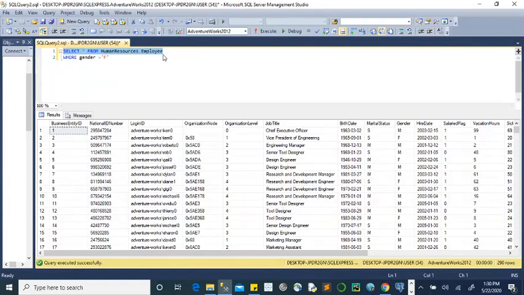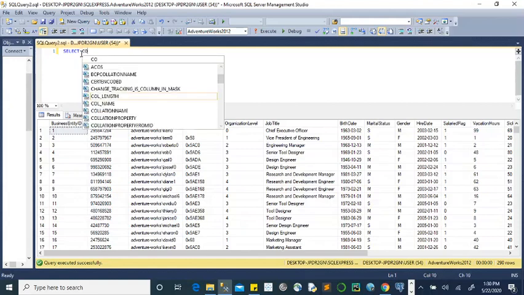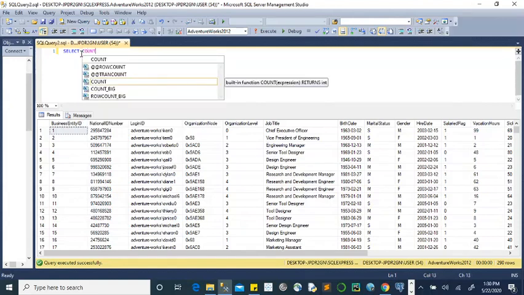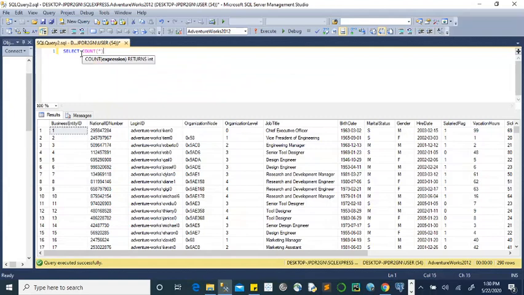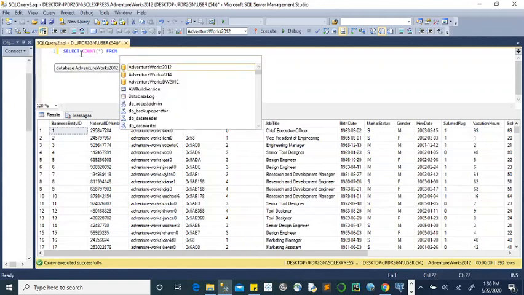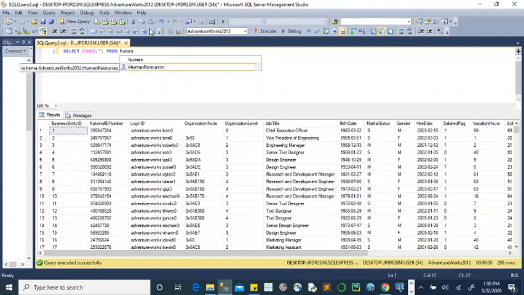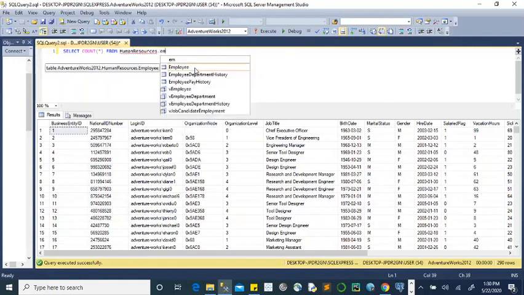And I can also do something like, I want to count the number of employees. Give me the figure of the number of employees. So I can say select count counter from human resources dot employee.